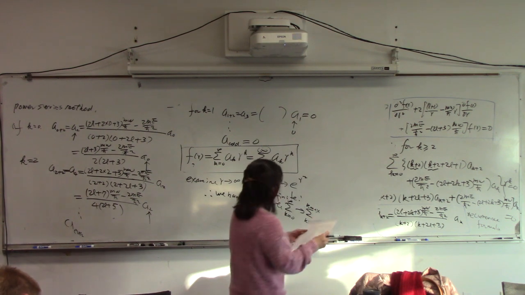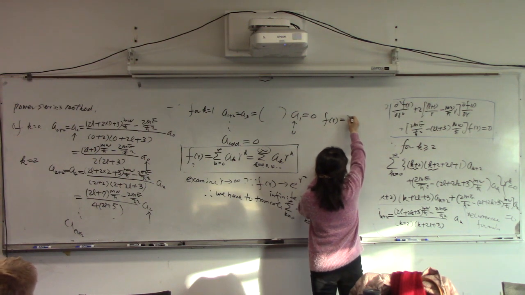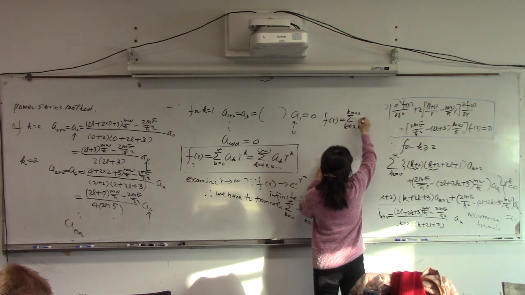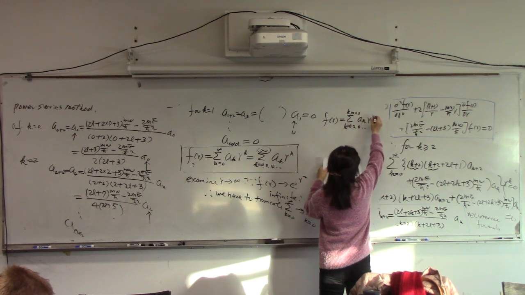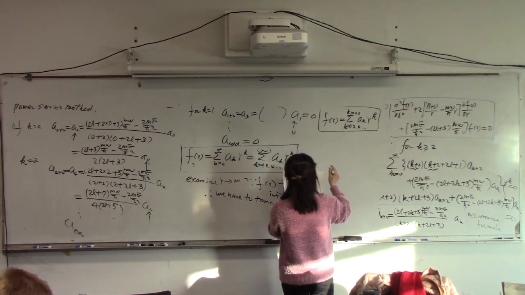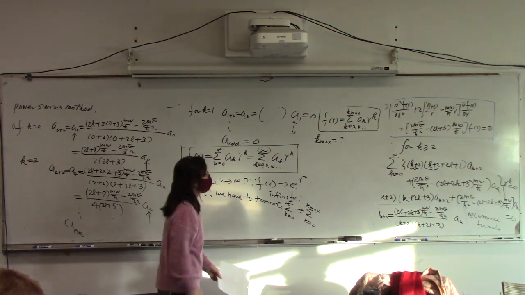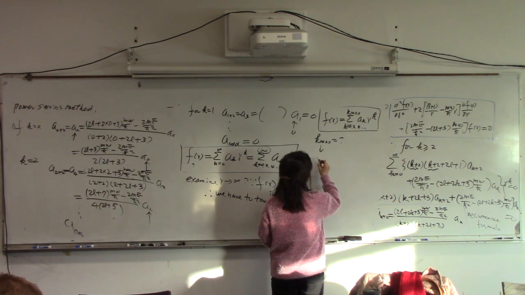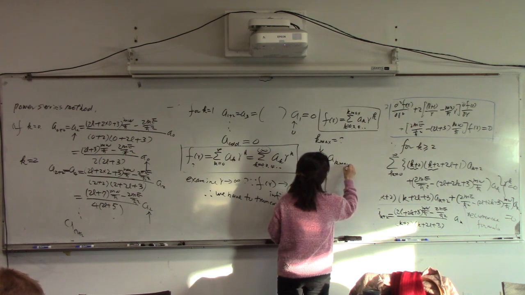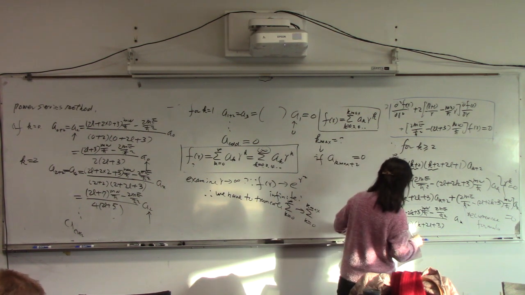So that means the final solution, the physically acceptable solution, is k from 0, all the even numbers, to the k max, and a k are the coefficients. So this is a formula here. Then how to find k max? The k max means this: if the coefficient a k max plus 2 equals 0.